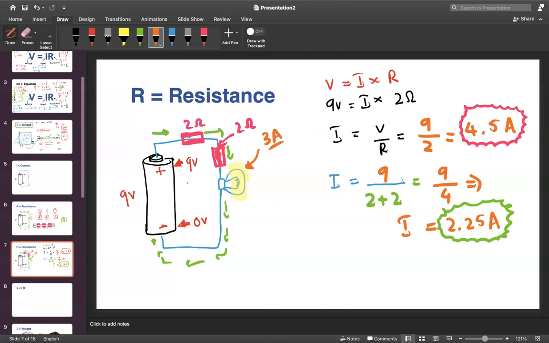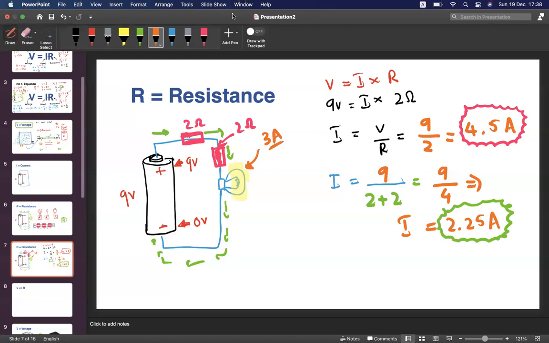So then what can we do? So we know the voltage. We know the current that we want. Then what do we have to find? The best what? Can someone give me the answer? It's okay.